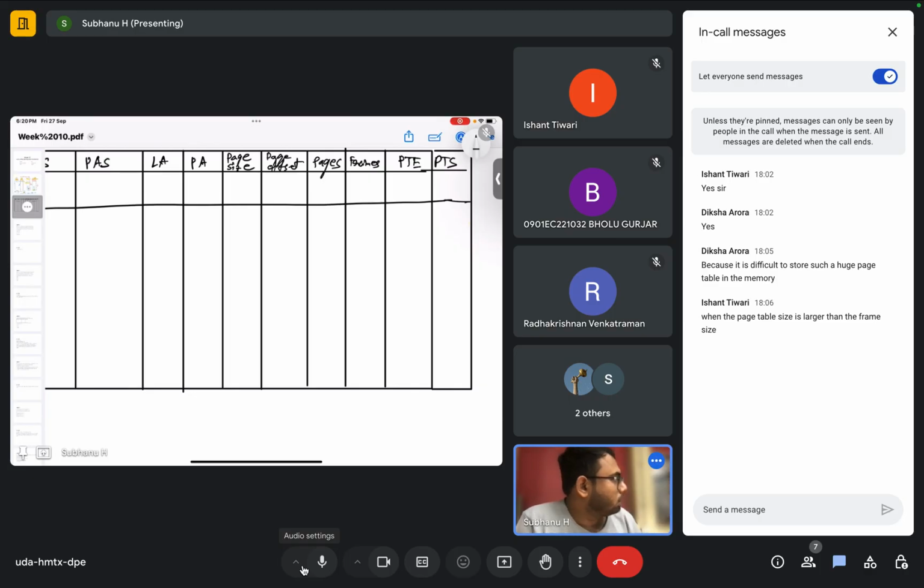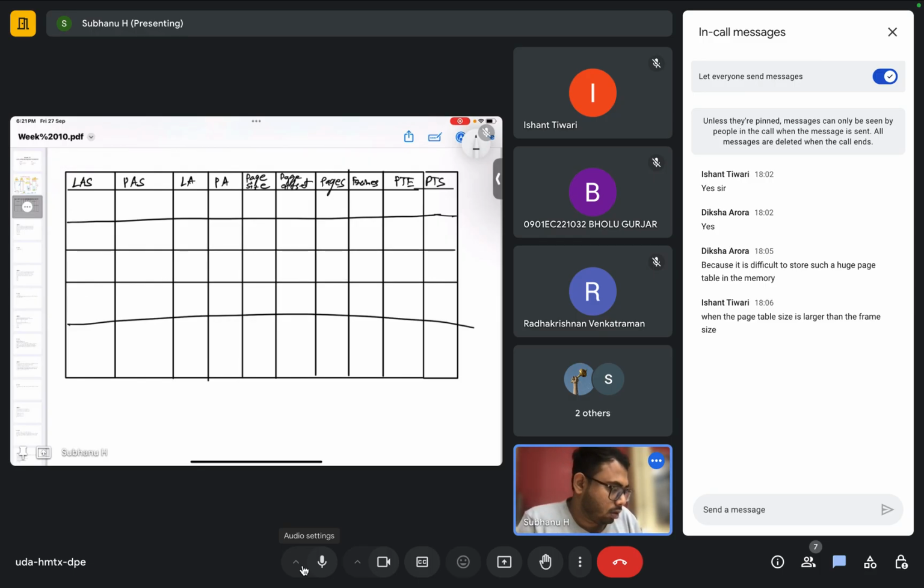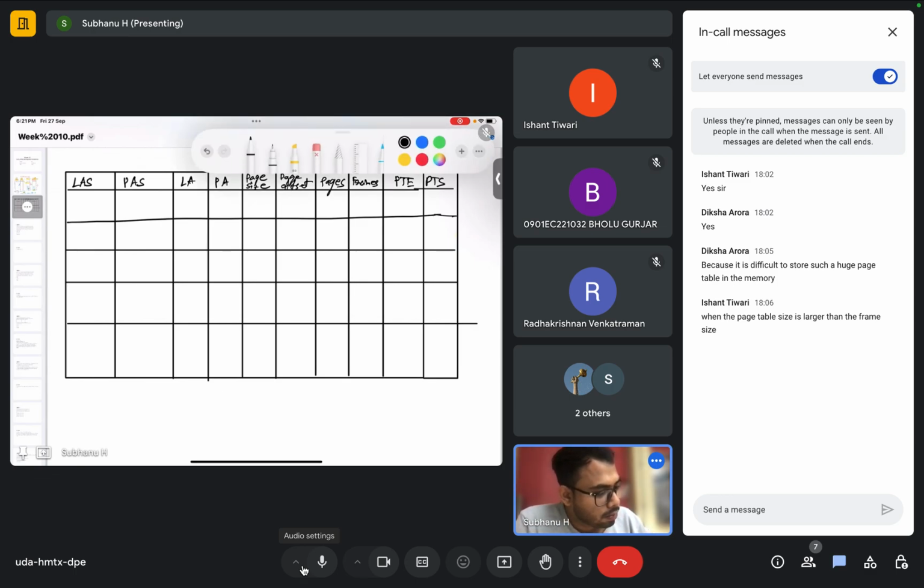The entry of a page table points to a main memory frame, like this. So this is the location of main memory where each page is present.